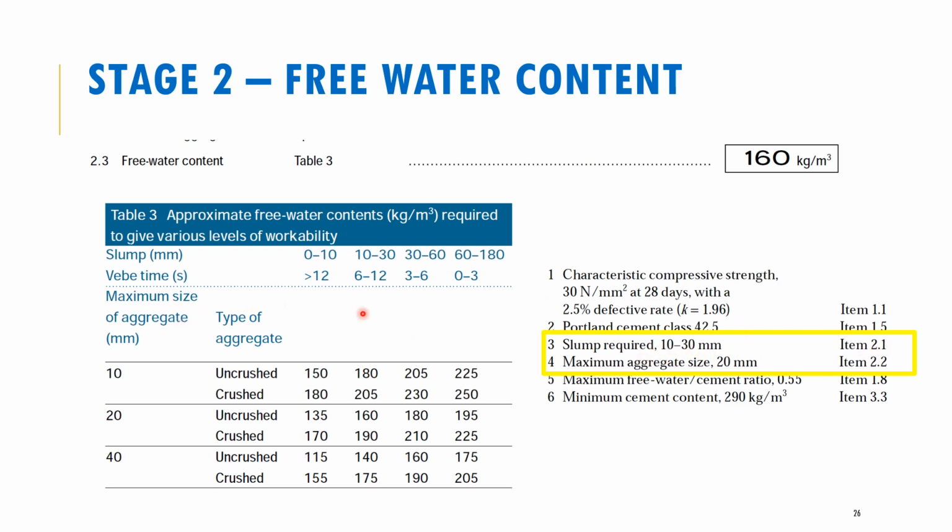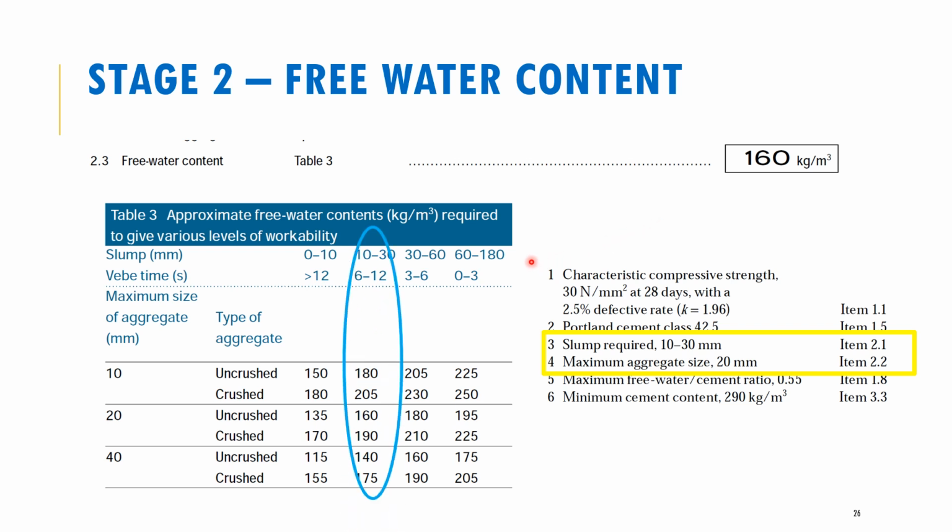So it's 10 to 30 slump, so we're concerned with this column over here, 10 to 30, and the maximum aggregate size is 20. It's uncrushed, so the value that we would be looking for is 160, and that's why I have 160 mentioned over here.